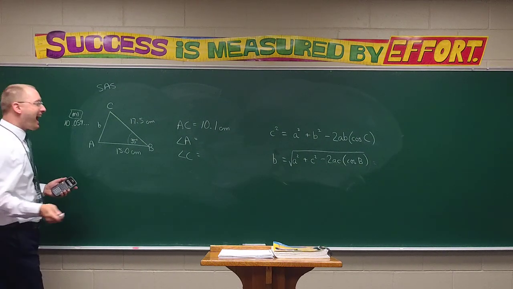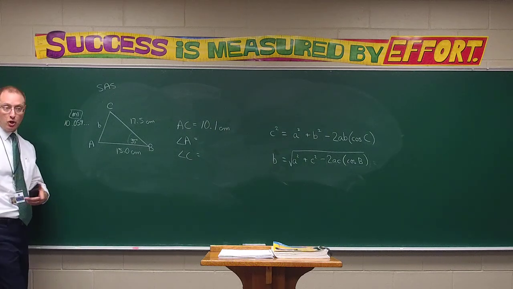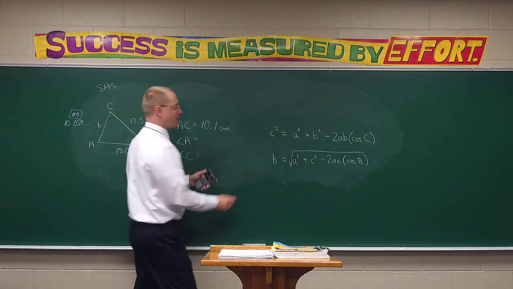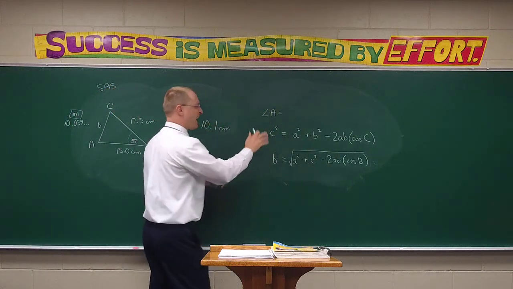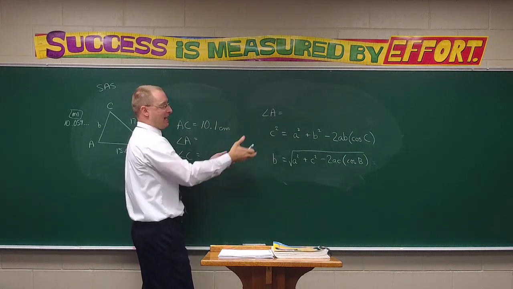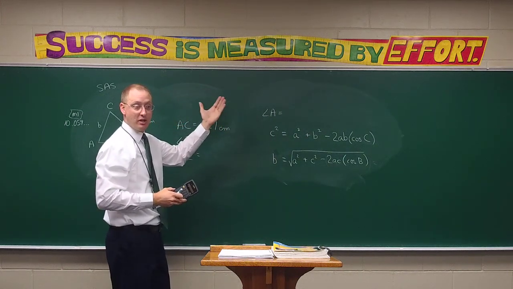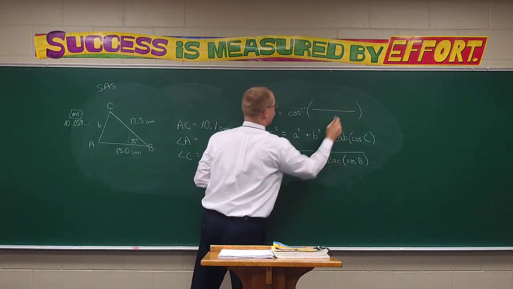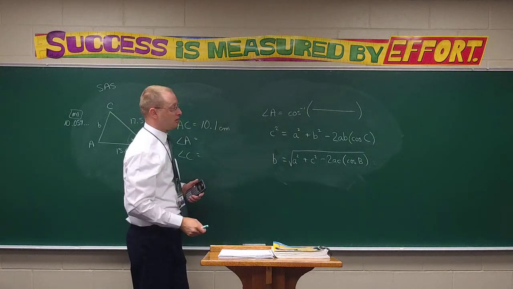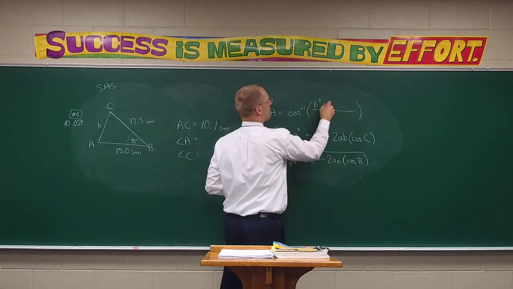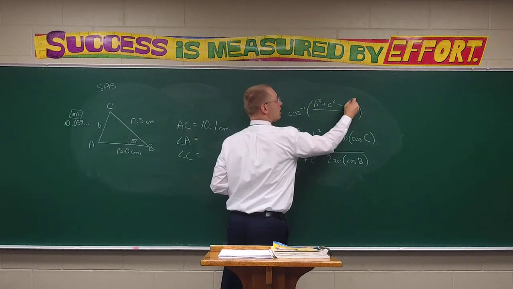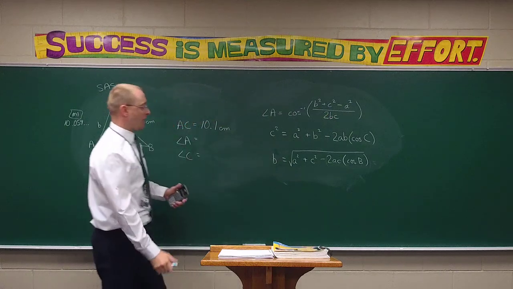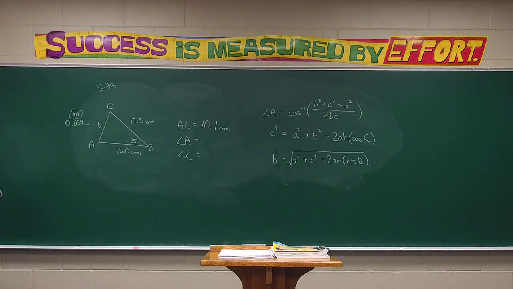All right, once we've got it, now I could, if I wanted to, go back to the law of sines, or I use the law of cosines. I feel like the law of cosines might be a little bit quicker to find angle A. We kind of just reimagine this a little bit, and since we're finding an angle, we're going to start by taking the arc cosine of b squared plus c squared minus a squared all over 2bc.